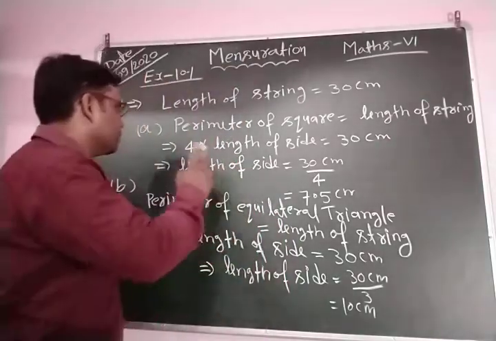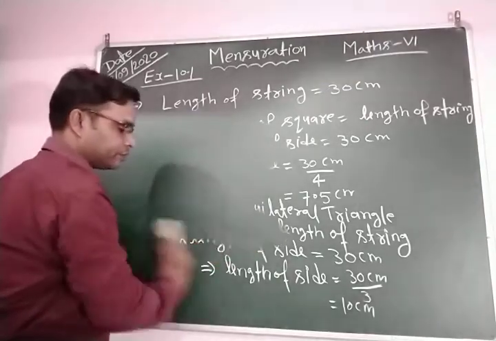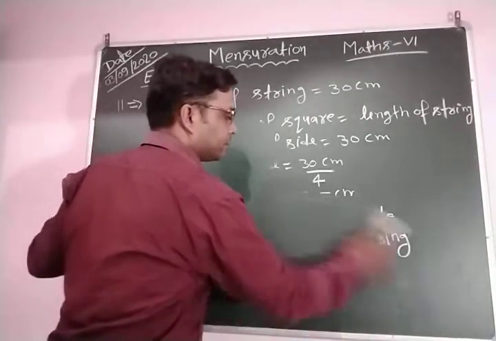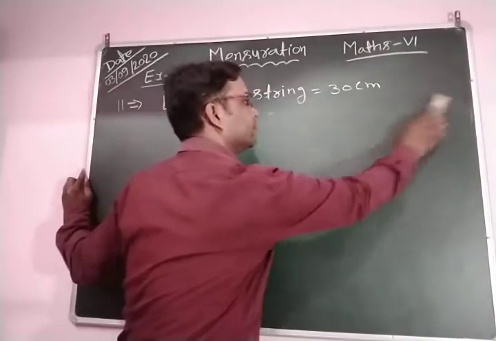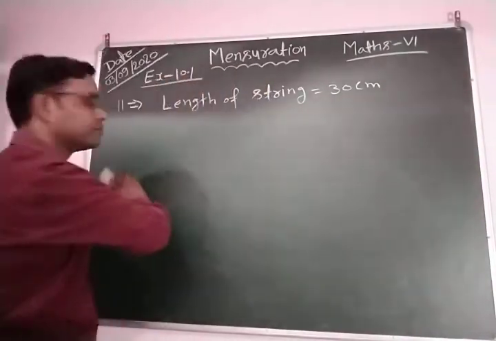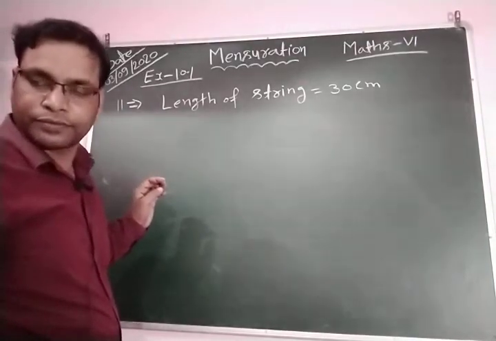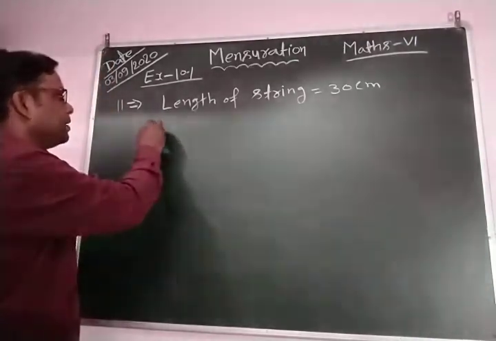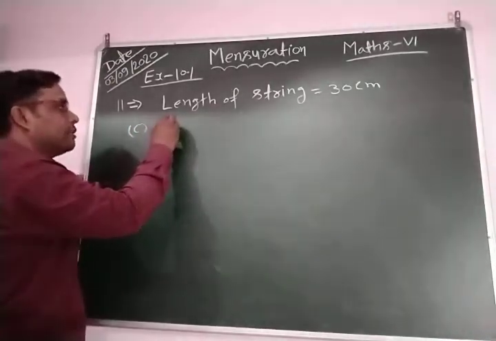Okay, so this is C part. And now this is C part. We find the perimeter of regular hexagon.